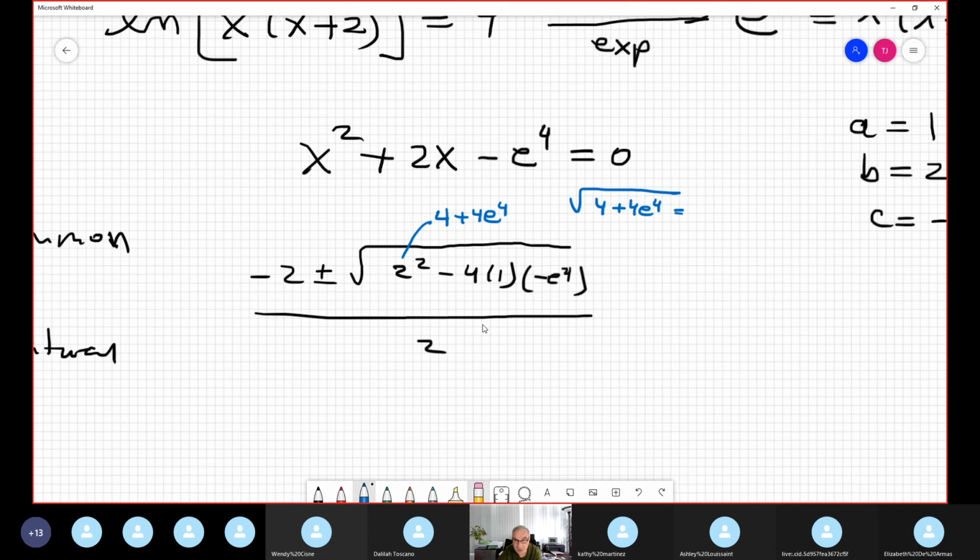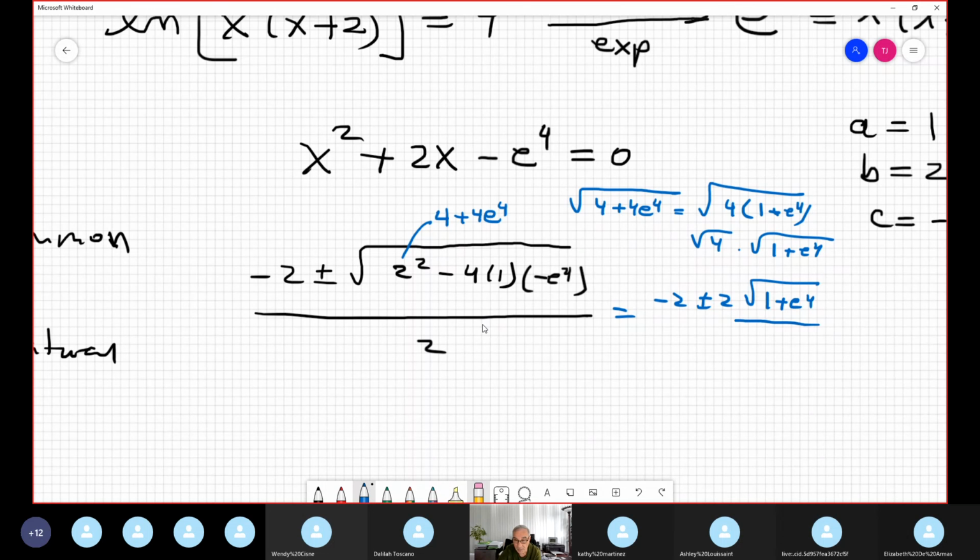At least I can factor out 4, 1 plus e to the 4th power. Yeah, I know that square root 4, you break it down like square root 4 and square root 1 plus e to the 4th power. Square root 4 is 2. So, minus 2 plus or minus 2 square root 1 plus e to the 4th power divided by 2.